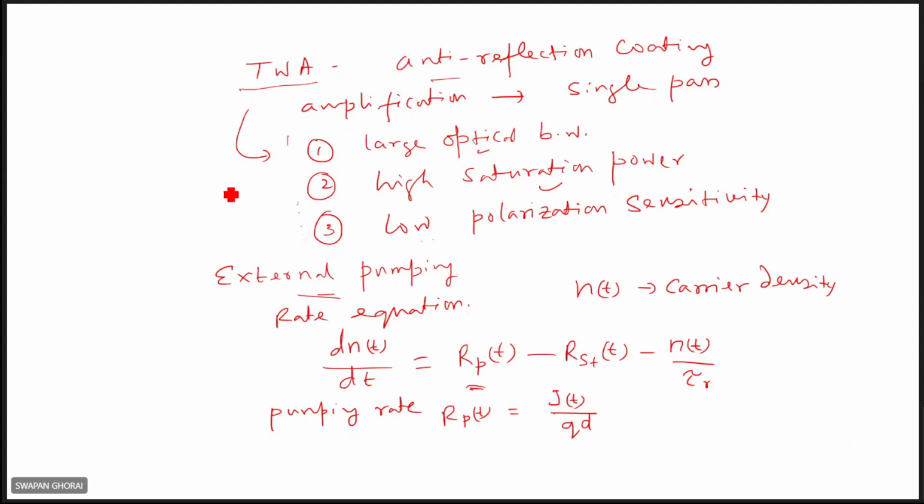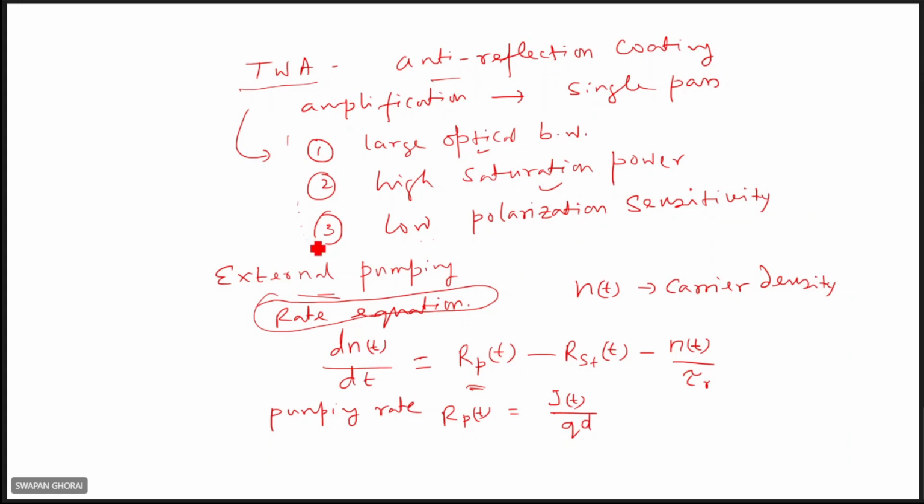Right. And in general, how can you estimate their gain factors? For that you have to consider the rate equations. Rate equations mean the rate of change of carrier density. First there is the pumping rate, because you are using some pump source. The pumping rate makes the transitions from the ground level to higher energy levels.